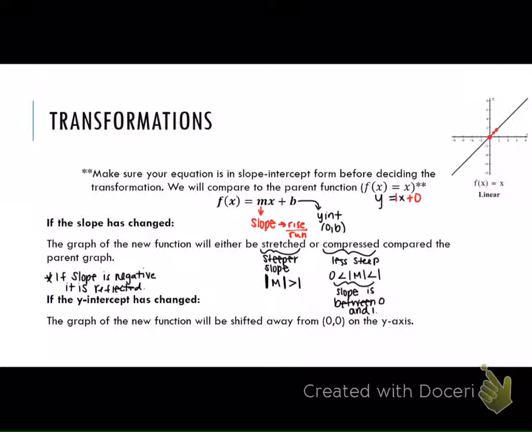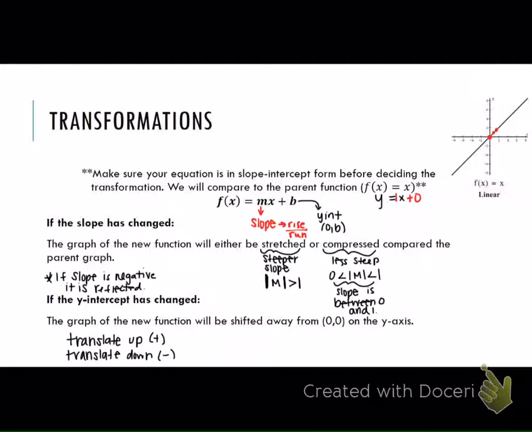So it'll either translate up or translate down. Translate means shifting up and down. So translate up if positive, and it will translate down if negative, which just means it moves up or down.